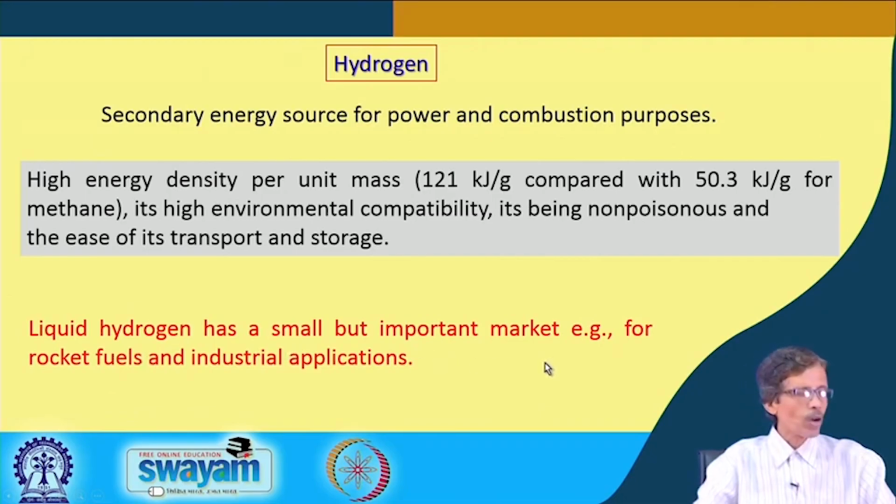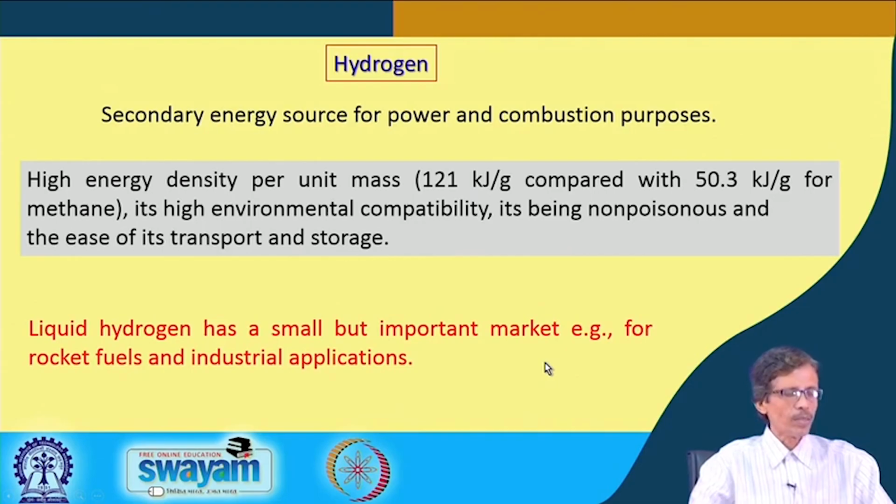Similarly, the LPG, the petroleum product from the petrochemical processes, is in a liquefied form, and only then can we transport this material within the cylinder. Similarly, liquid hydrogen can have a useful market, and it can also be used for rocket fuels and different other industrial applications.